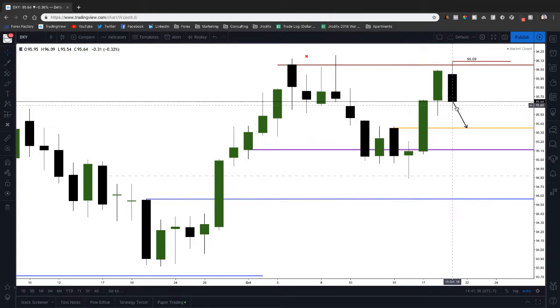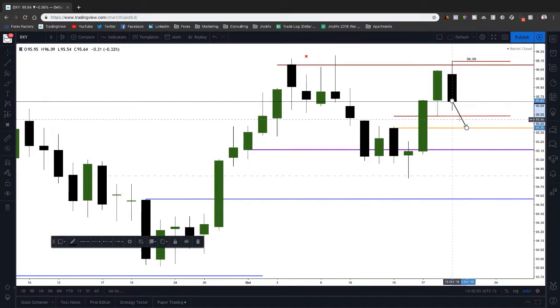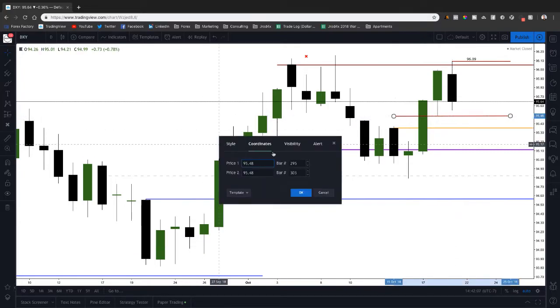So I'm anticipating, I should say, a retracement down into this ICT bullish order block, which the high of the candle comes in at 95.37 and the open comes in at 95.35. So really the area or levels I'm going to be watching this market is going to be in between 95.40 and 95.35. So that's pretty much the high to the open of the ICT bullish order block.